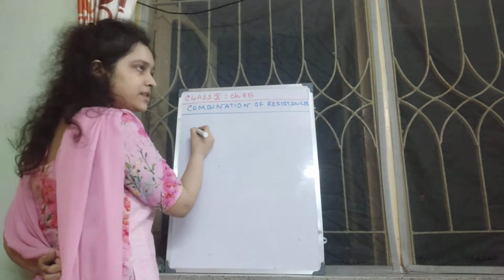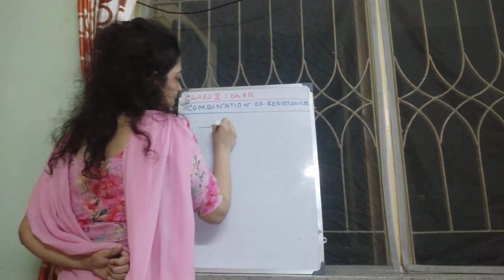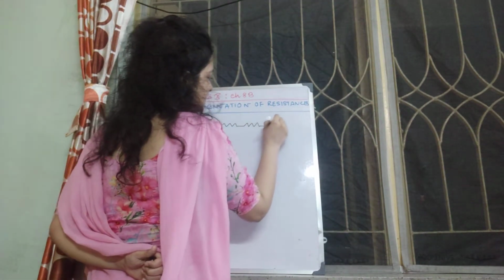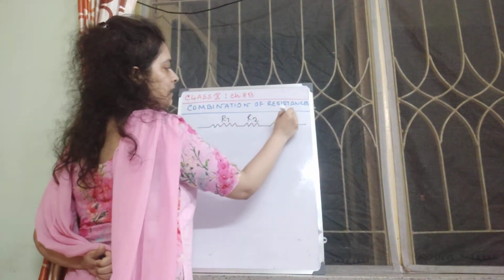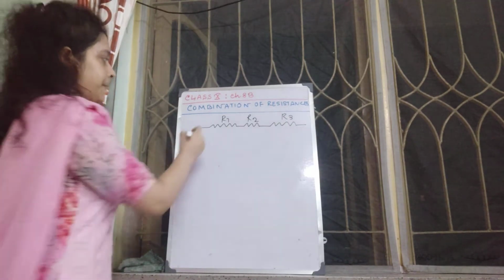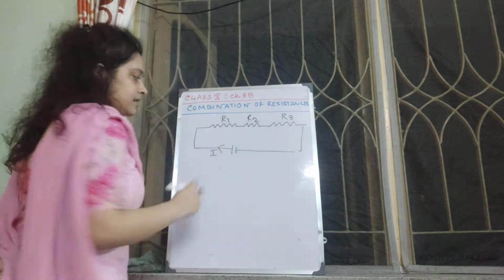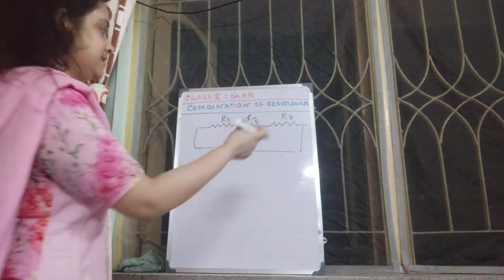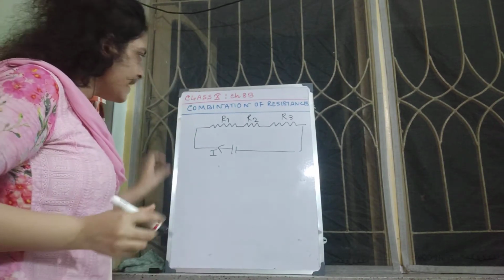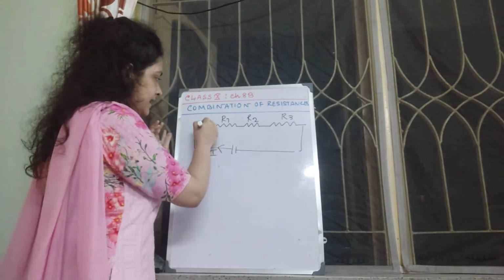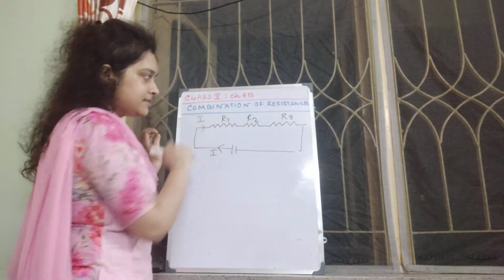Suppose I arrange the resistances, say I have got 3 resistances, R1, R2, R3. Say I have got a cell which converts chemical energy to electrical energy, and it's sending the current through the resistances. Now notice, is there any other path for the current to flow through other than this?